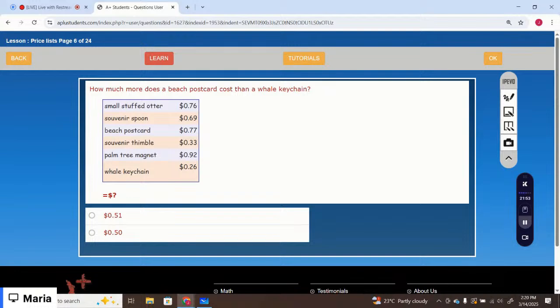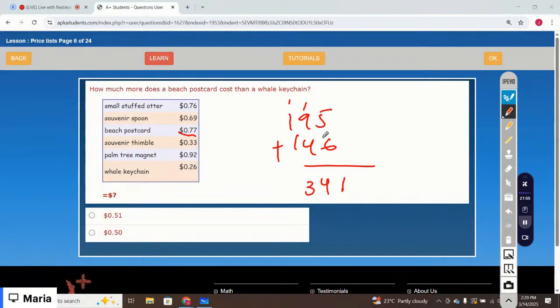The beach postcard costs $0.77 and the whale keychain costs $0.26.